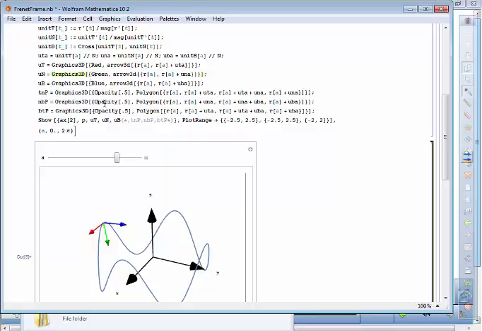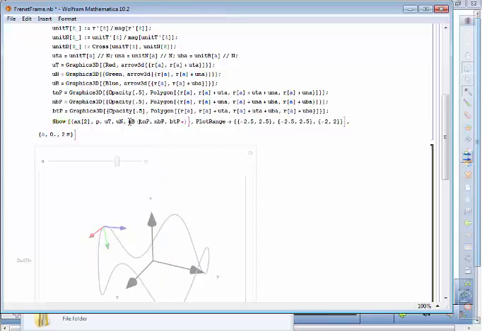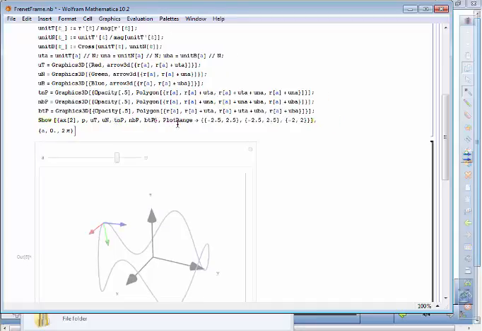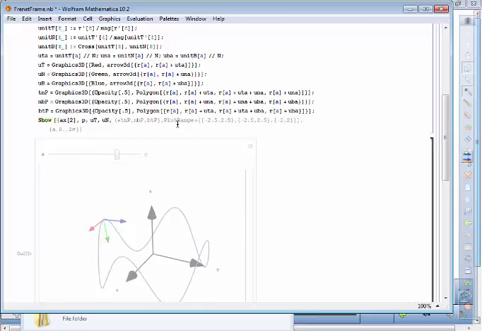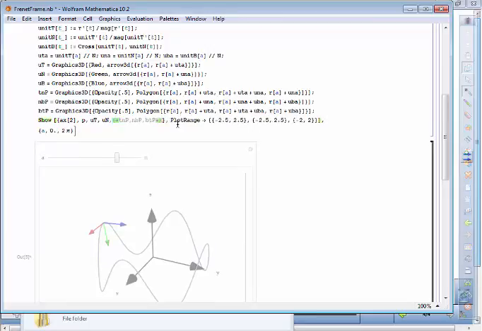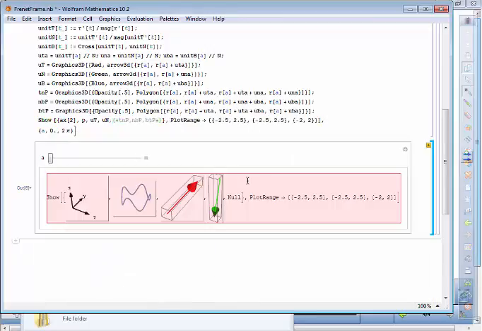If we get rid of the binormal vector, guess I should have taken those out. Uh-oh.